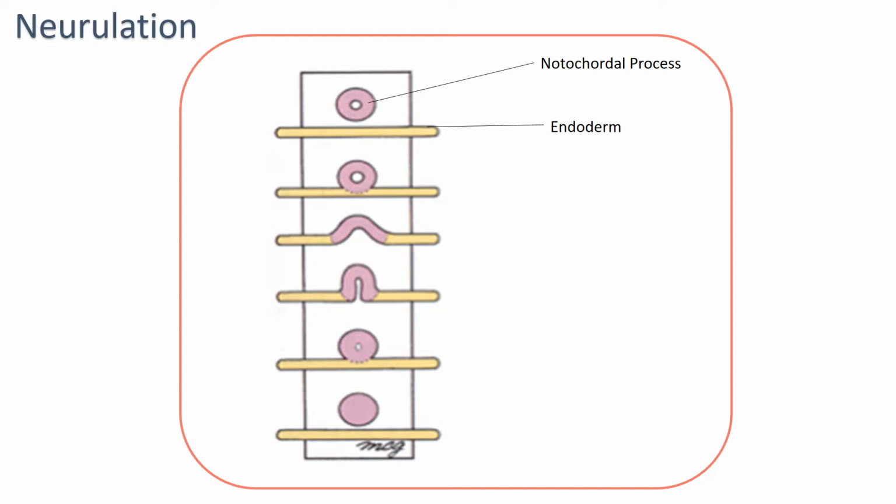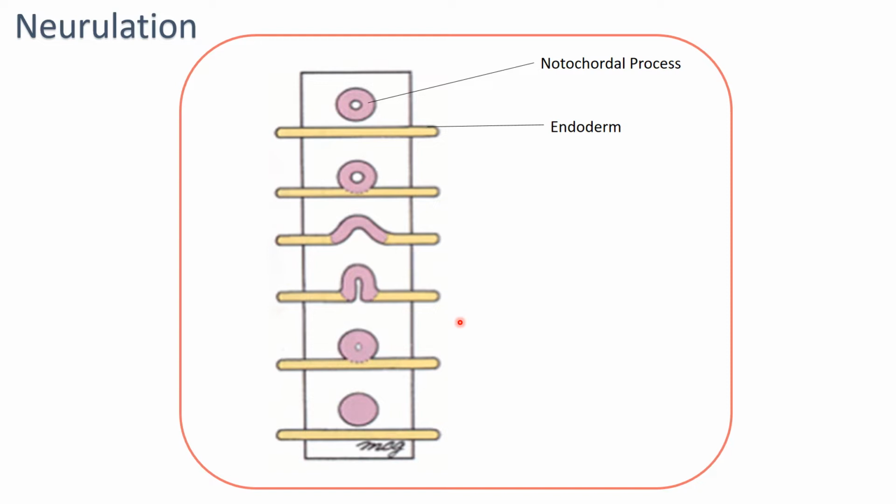Now, while a lot of these cells migrated down the primitive groove to form those three germ layers of endoderm, mesoderm, and ectoderm, some of those cells end up forming a collection of cells somewhere in the midline of the embryo. What happens is that the primitive node extends as a tube of mesenchymal cells that exists in between the ectoderm and the endoderm layer, right?